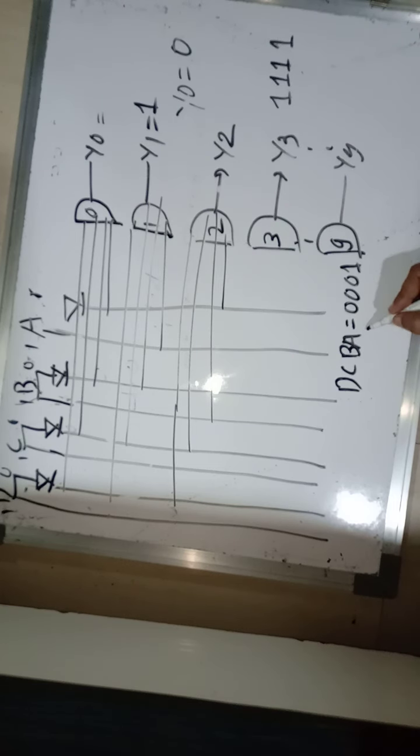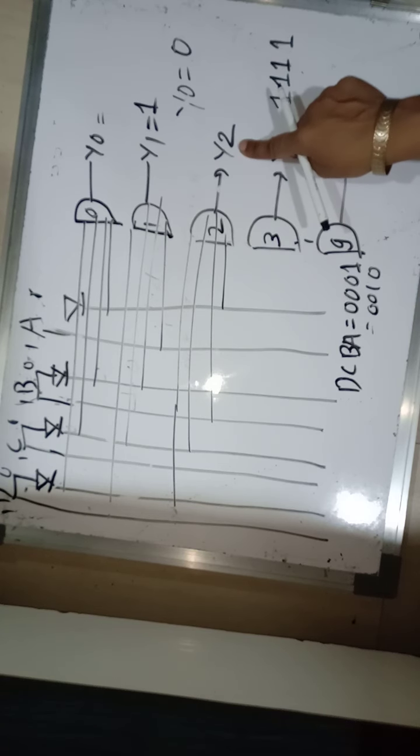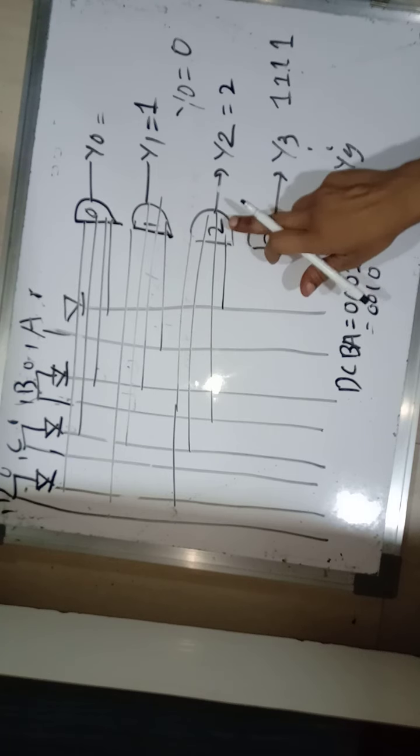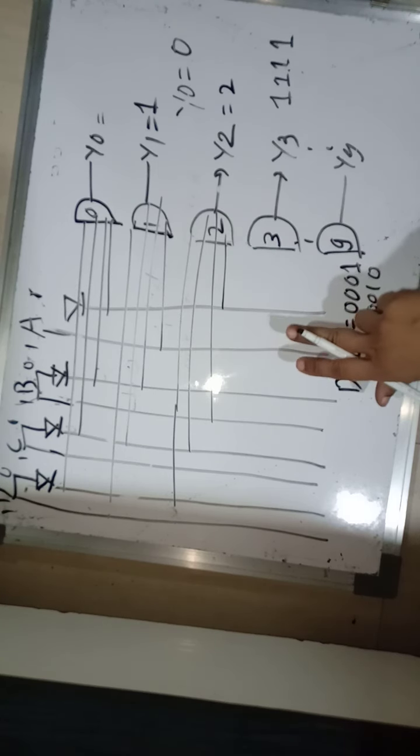Suppose your DCBA is equal to 0 0 1 0, then your third gate will be enabled, and it will produce the output 2. So likewise we can give the input to this BCD to decimal decoder, then with the respective input this AND gate will enable, but only one is enabled at a time.